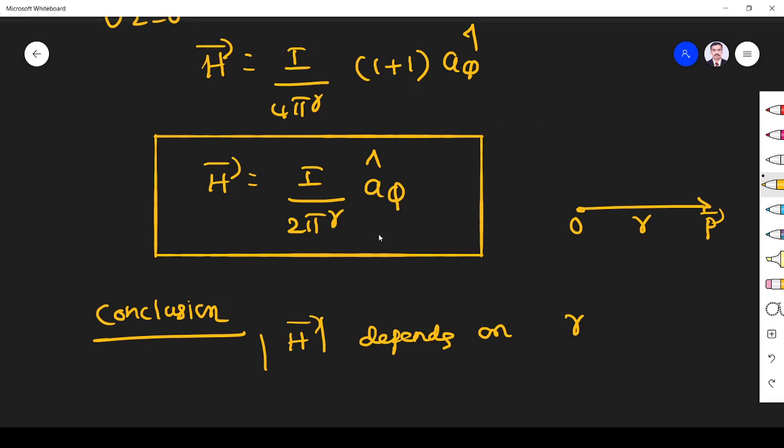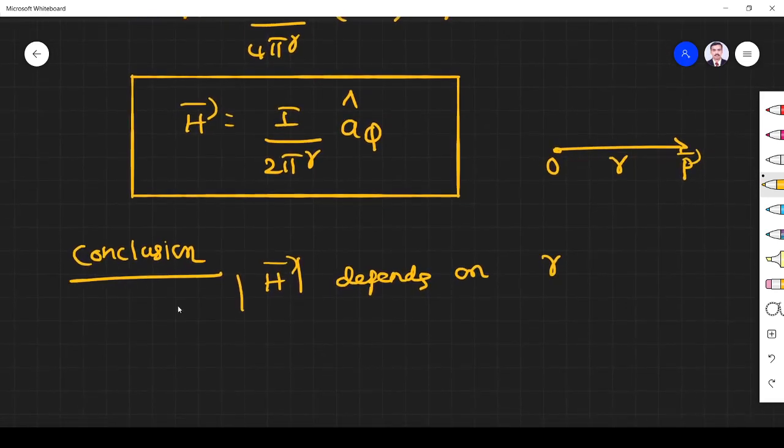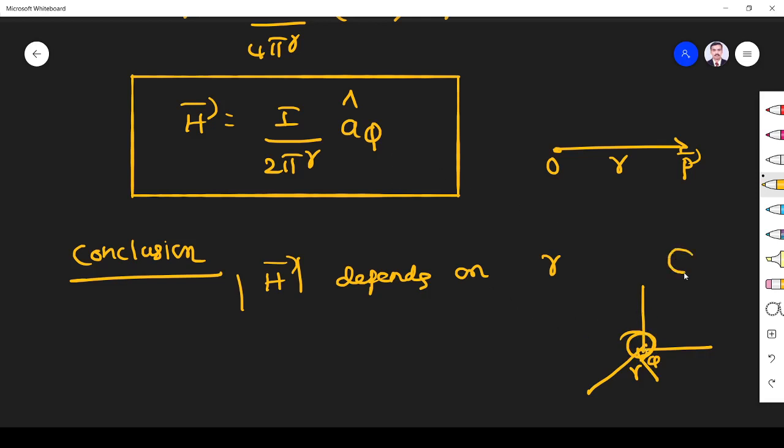Second thing is very important: direction. It depends only on a phi. We know in the spherical coordinate system, this is R, and phi varies from 0 to 360 degrees. So it is going like this, a complete circle.